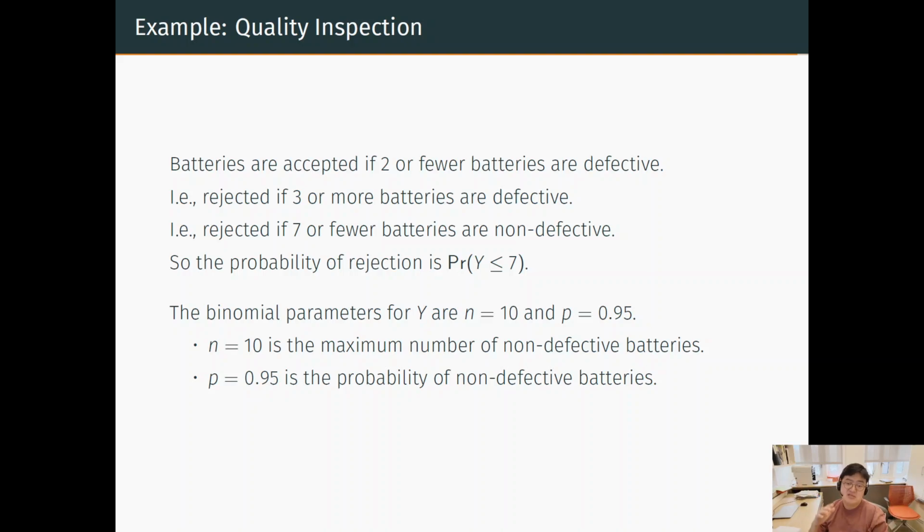If everything is good, that would be 10. And P is the probability of good batteries, which is 95%, because 5% is the probability of defective batteries, then the other 95% is the probability of success. In this case, success is good batteries. That's what we are counting.